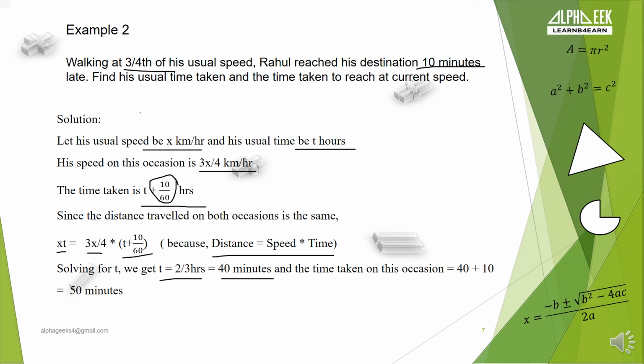So we have to add 10 to 40 minutes to get the time required if Rahul is moving at 3 by 4th of the usual speed. So 40 plus 10 will give you 50 minutes. So on this occasion Rahul will take 50 minutes, and at his usual speed he takes 40 minutes.